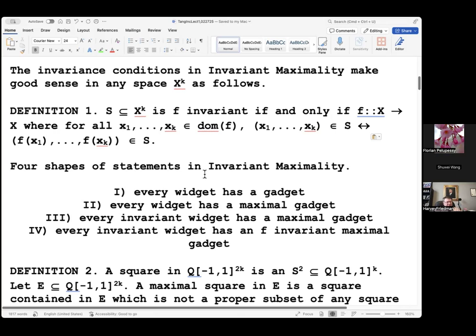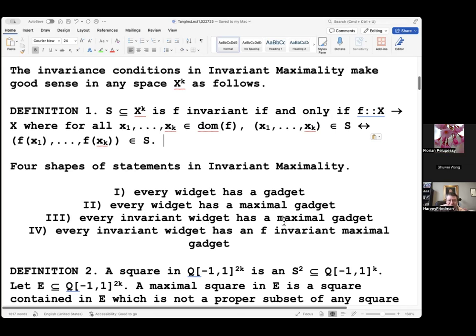Now, for motivational purposes, in the original lectures last year I didn't really go this well. In baby steps, I talk about the construction of these statements. Every widget has a gadget turns out to be trivial; it is kind of an announcement of what the widgets and the gadgets are. Every widget has a maximal gadget is interesting and serious.